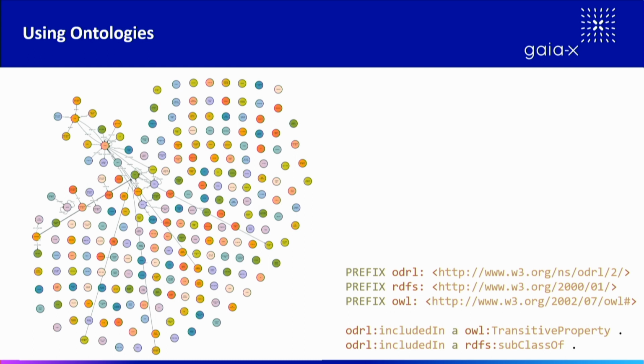Next step, like I mentioned, ontologies. You can leverage the power of ontologies. Here I tried to make a visual representation of the ODRL ontology to picture what you can do with it. Specifically, what I'm going to showcase on the next slide is the ODRL included-in relation. Like you've seen before, we had an action here that is play.